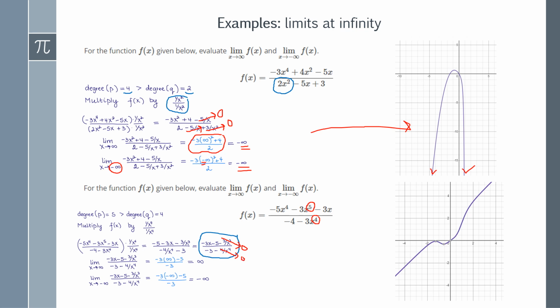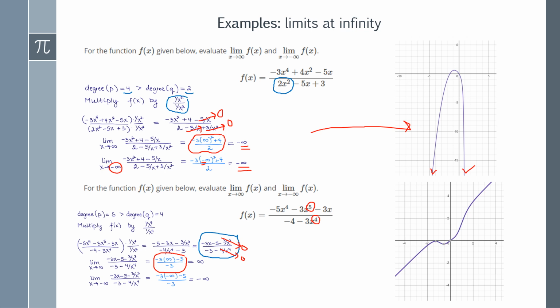So now I can just look at the behavior of my function and how it behaves if I just plug in a really, really large number, okay, into this expression. So negative 3 times infinity minus 5 over negative 3. Okay, so what happens here? It's a really large number multiplied by negative 3 minus 5, and then divide by negative 3.